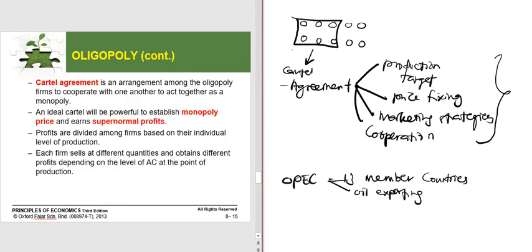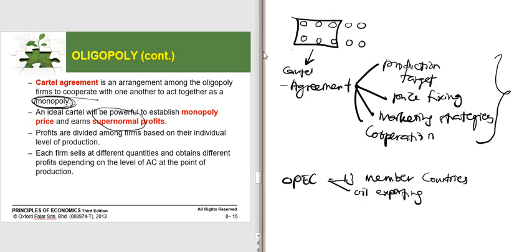that will actually give impact to the whole global economy. So a cartel agreement is an arrangement among the oligopoly firms to cooperate with one another, like what I said just now, in terms of cooperation. And when they act together, they can actually form a power very close to a monopoly power. An ideal cartel can be very powerful to establish a monopoly price, and they can also earn supernormal profit.